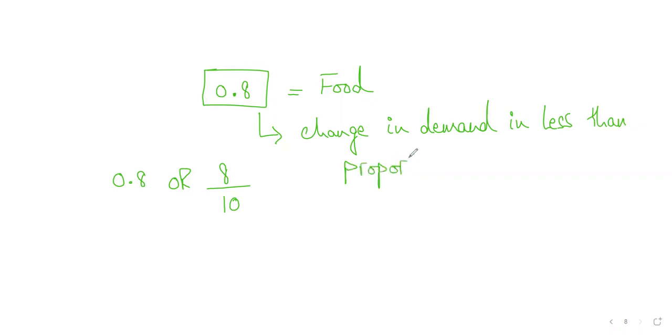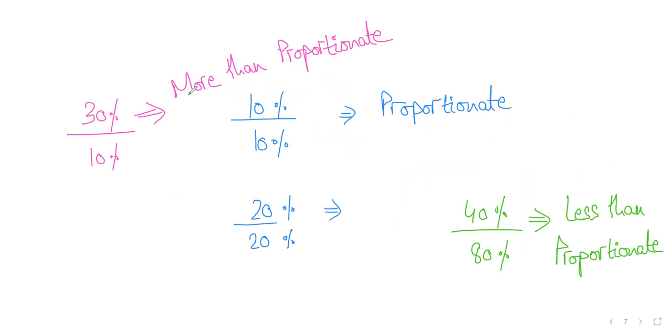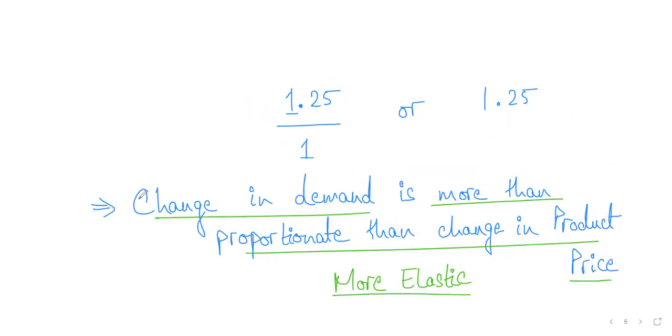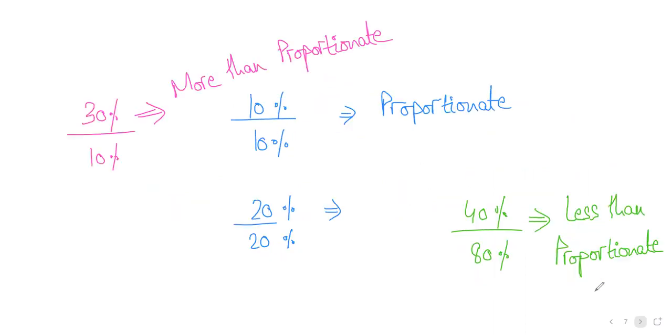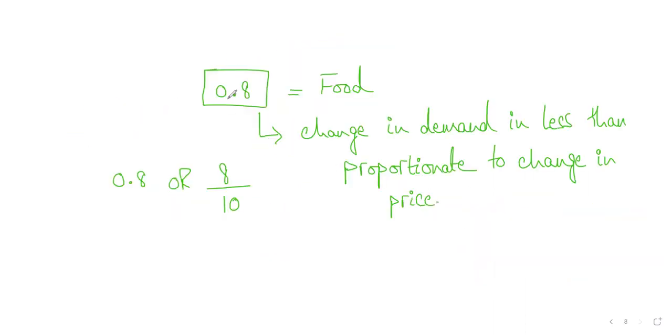It is less than proportionate to the change in price, and therefore it is less elastic. So this value for the food item is less elastic, and when the value was greater than 1, it was more elastic. This one was more elastic because the overall value was greater than 1, and this value is less than 1, so it is less elastic.